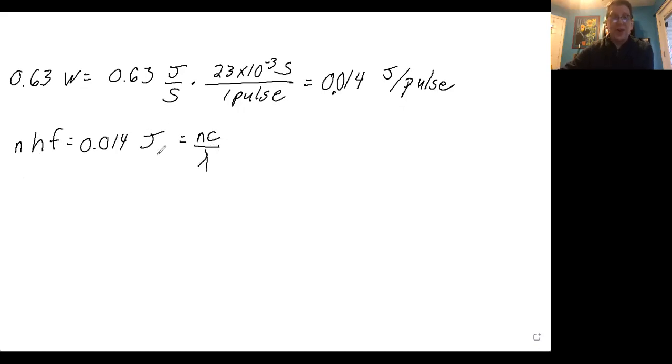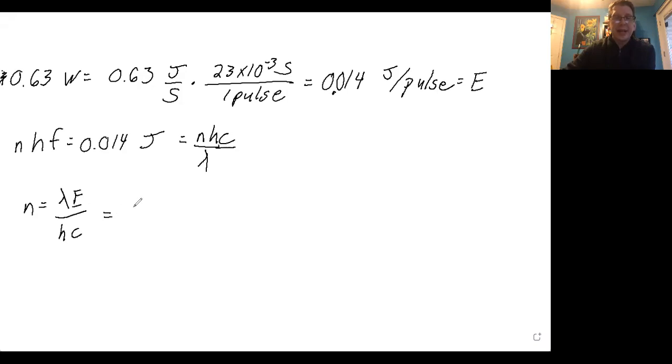And now we just want to solve for N, where N here is not a quantum number, it's just the number of photons. Calling the energy per pulse E, N is equal to lambda times E, and I'm forgetting an h, so N is equal to lambda times E divided by h times c.